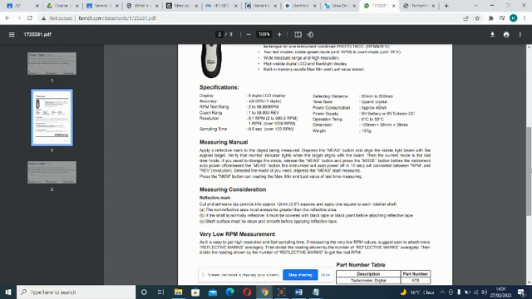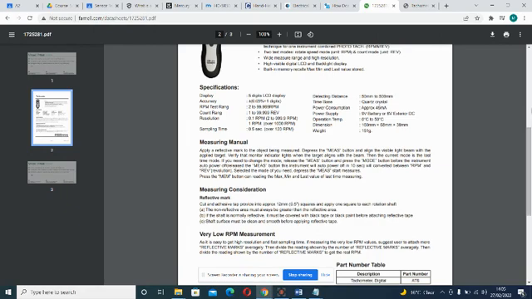Accuracy is about plus or minus 0.05% plus one digit. It has very little weight, 151 grams, and the resolution is 0.1 revolutions per minute.